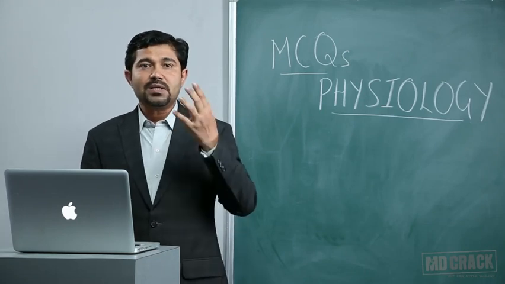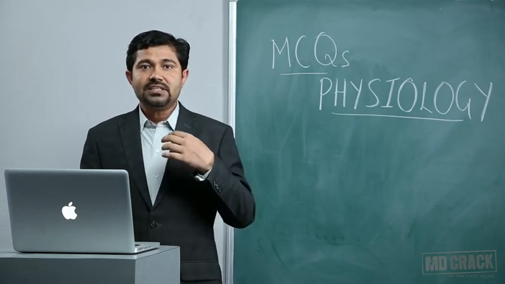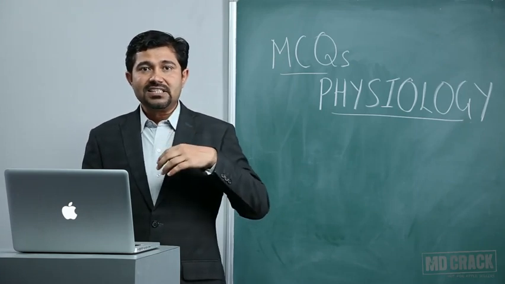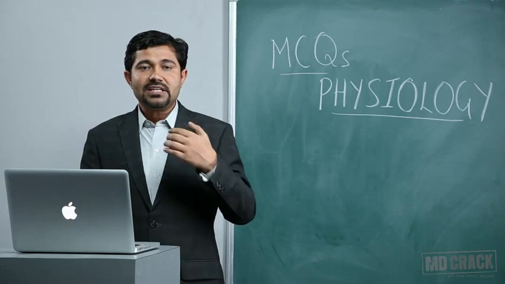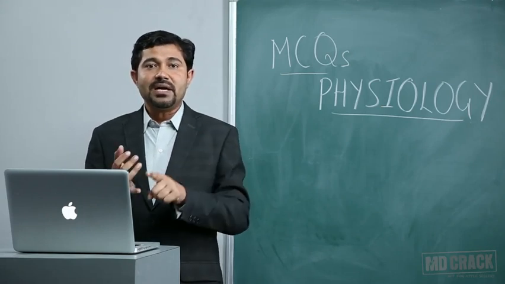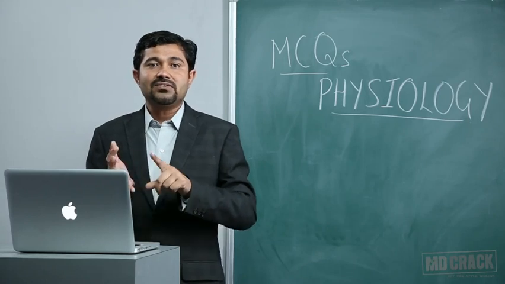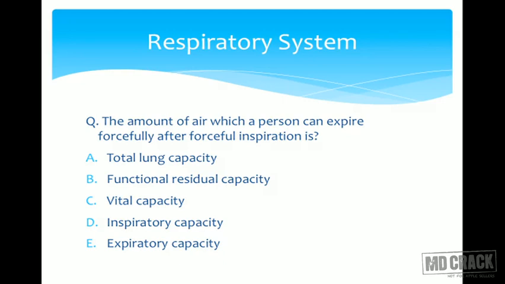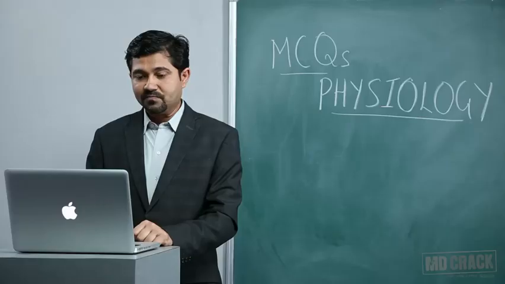The person has inspired forcefully, so that indicates the inspiratory capacity. Now the person is expiring forcefully, so the air expired will include the expiratory reserve volume, the tidal volume as well as the inspiratory capacity. The summation of these together is called, yes, what should be your correct answer here? The correct answer is vital capacity, right?